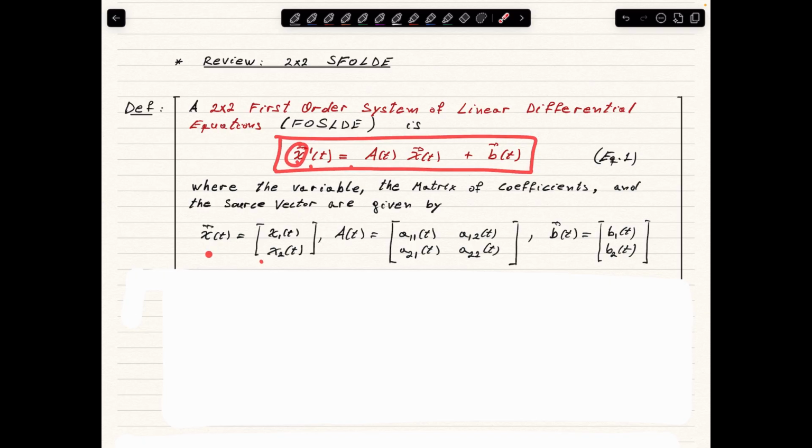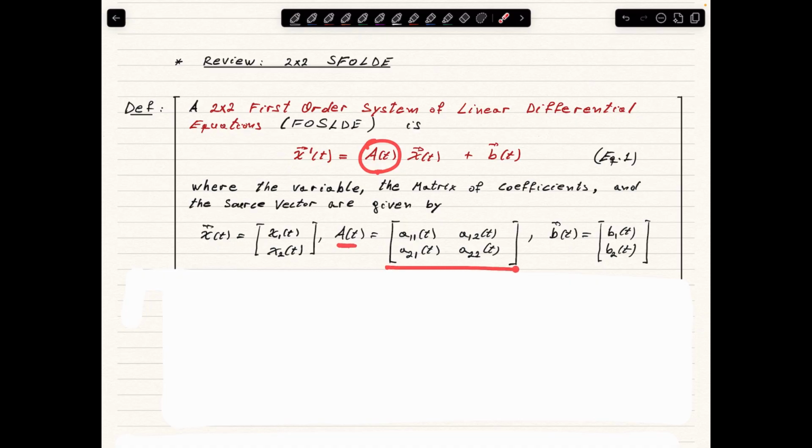X in this case has two variables, the two components x1 and x2, which are functions of time. These are the functions we are trying to find, solutions of this equation. All the coefficients of the system are in the matrix of coefficients, that in this case is a 2x2 matrix.